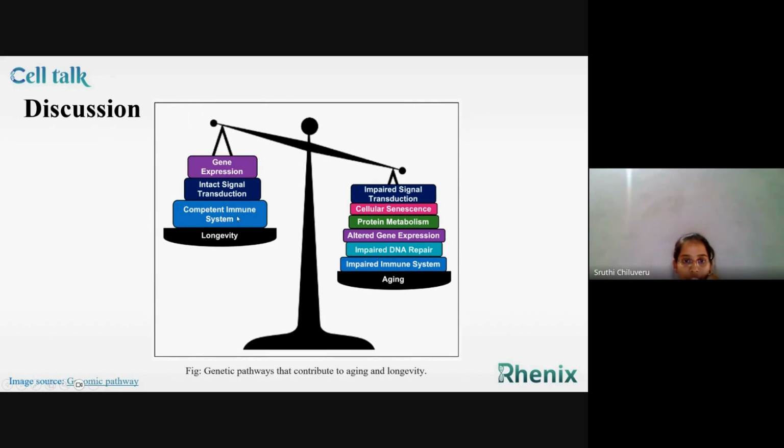That is the component immune system, where we have the impaired immune system, and here we have the intact signal transduction, and here it is impaired. By comparison of these two, longevity and aging, in aging there are three different types of pathways which are unique. They were cellular senescence, protein metabolism, altered gene expression, and also impaired DNA repair.